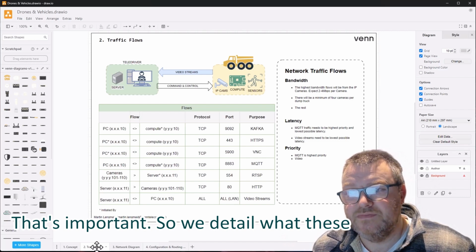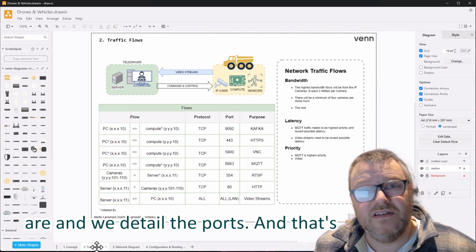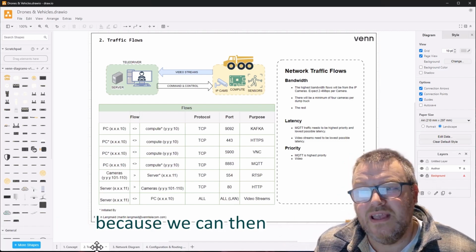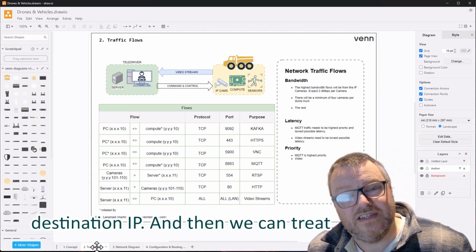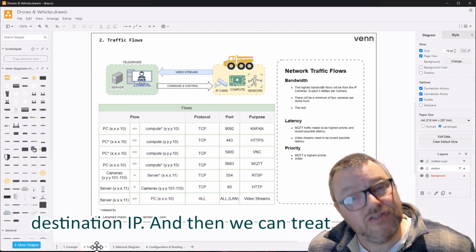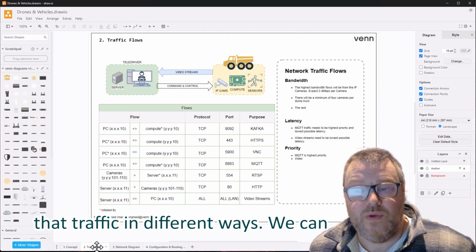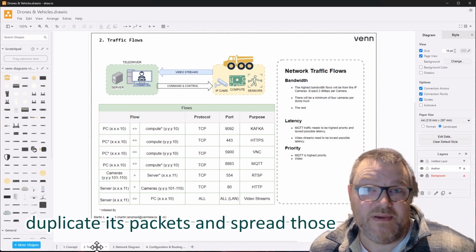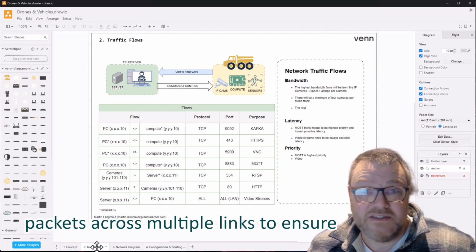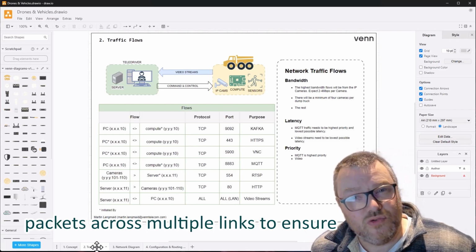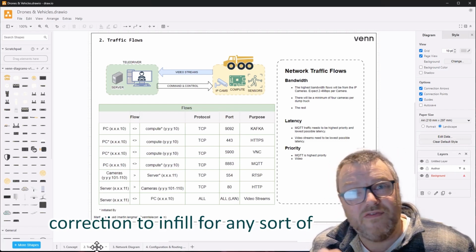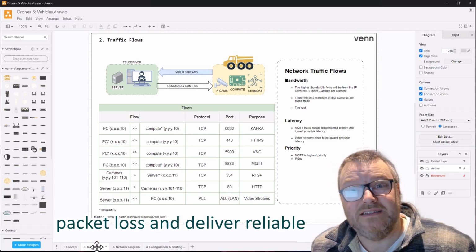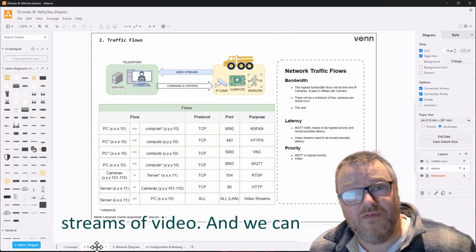That's important. So we detail what these are, and we detail the ports, and that's because we can then identify that traffic by source or destination IP, and then we can treat that traffic in different ways. We can duplicate its packets and spread those packets across multiple links to ensure delivery. We can add forward error correction to infill for any sort of packet loss and deliver reliable streams of video.